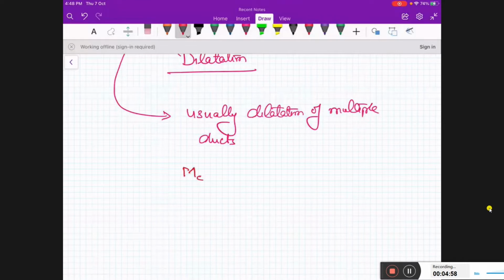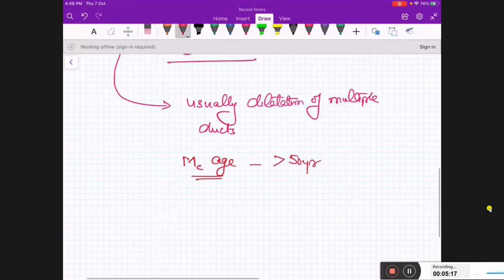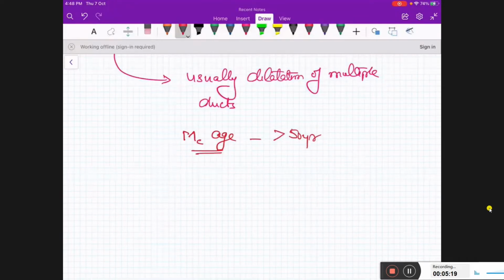First of all, the most common age of presentation of these patients. If you think it is young, no, it is more than 50 years. Most common age of presentation is more than 50 years.